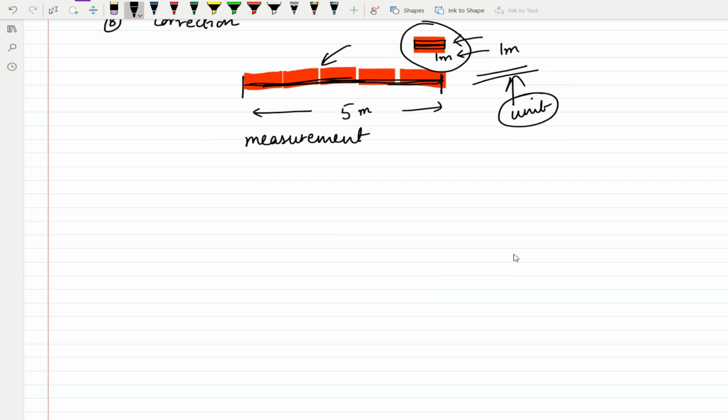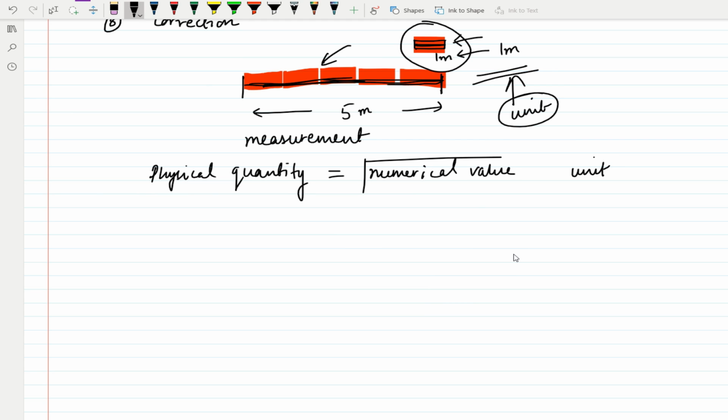Now any physical quantity can be represented as having a numerical value, which we call the magnitude, and a unit.